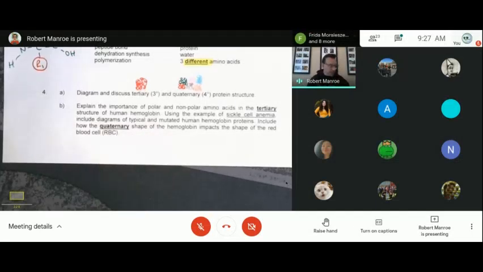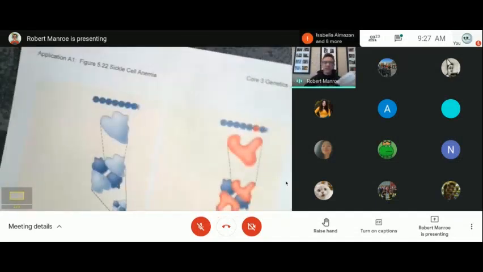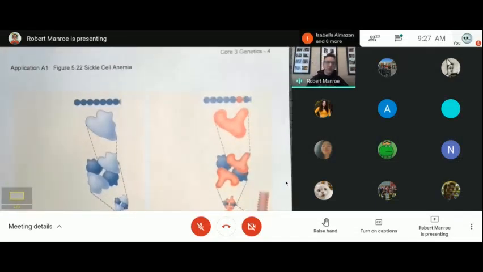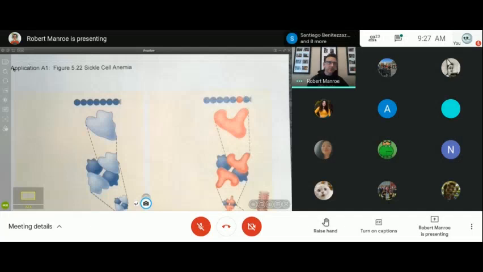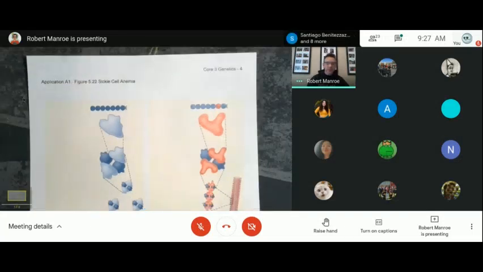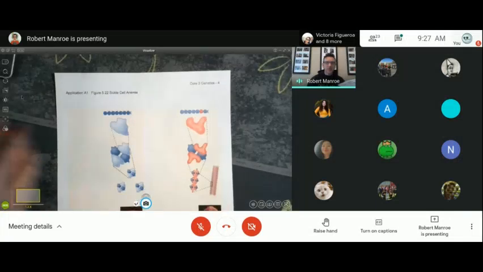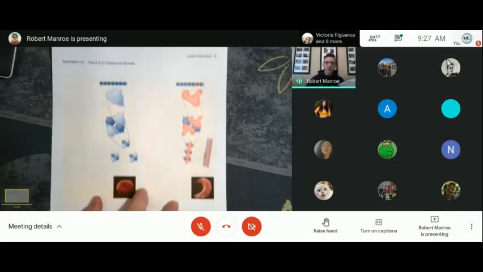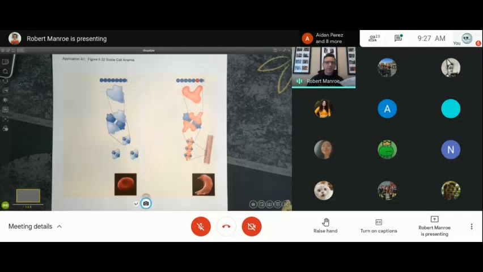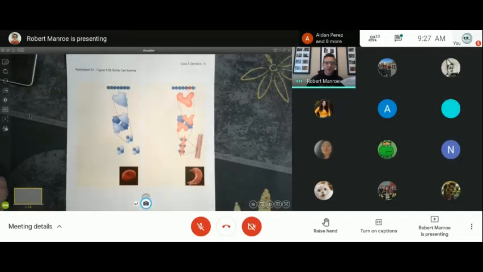So there's a really, really cool image in your book. It's image 522. And we hit this when you were juniors, when life was simple. Remember this image a long time ago when you were young?